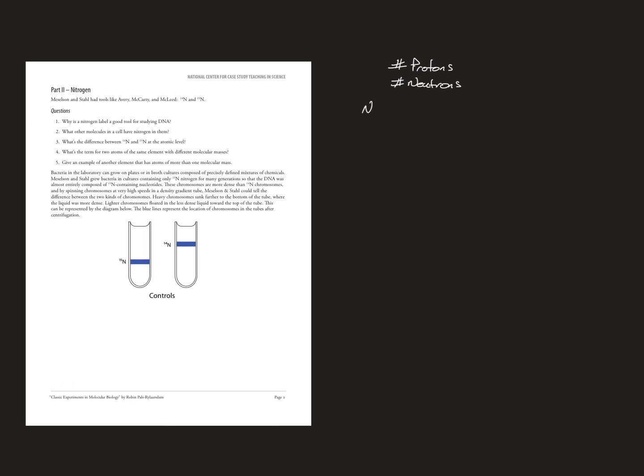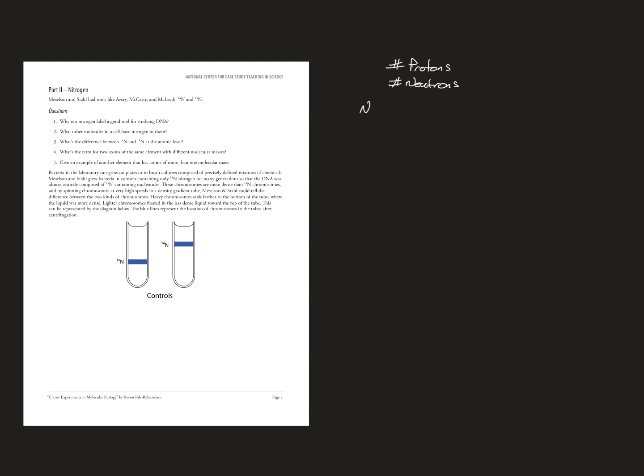And if you have a different number of neutrons, then you have a mass number that's different. So some isotopes are heavier than others. In the case of nitrogen, nitrogen 15 is more dense than nitrogen 14.